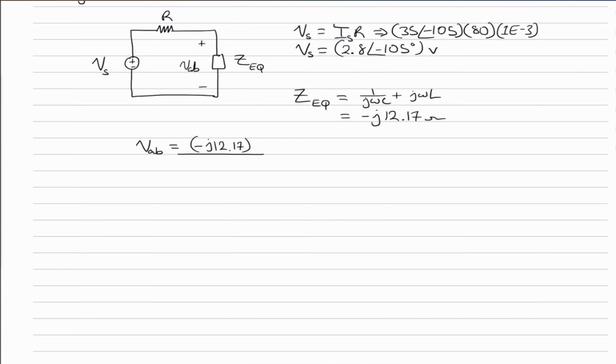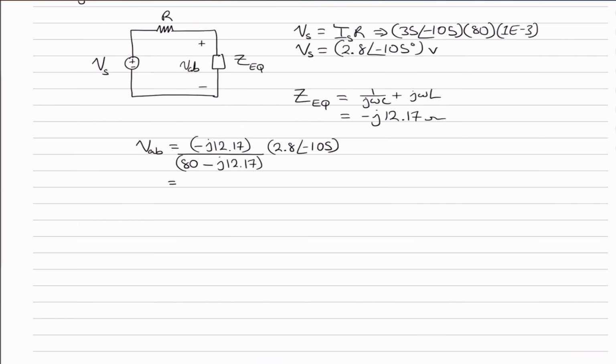So there's Z EQ, which is going to be the impedance of the resistor, 80 ohms, plus the impedance ZEQ. So it's going to be 80 minus j 12.17, and we multiply that by our voltage, Vs. So that's 2.8 with an angle of negative 105.